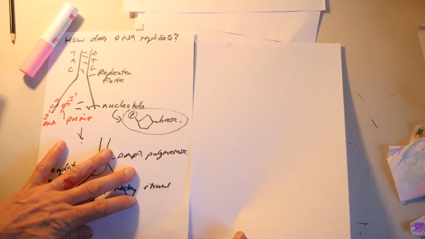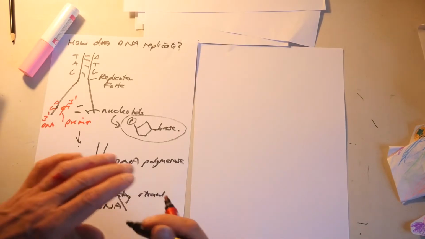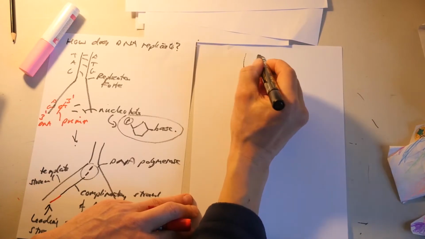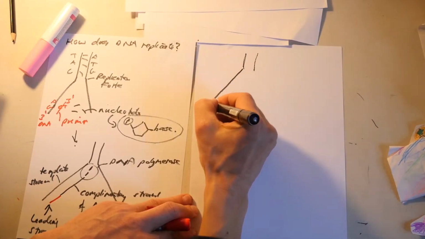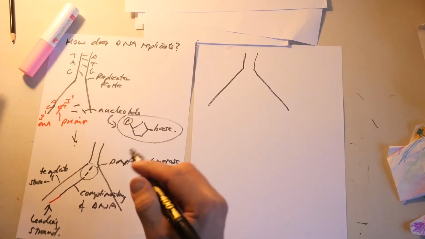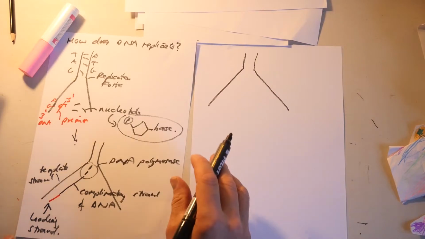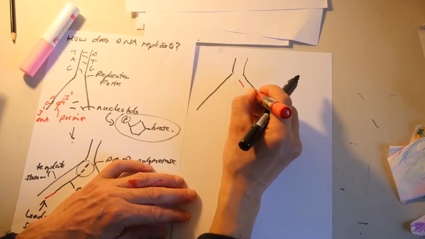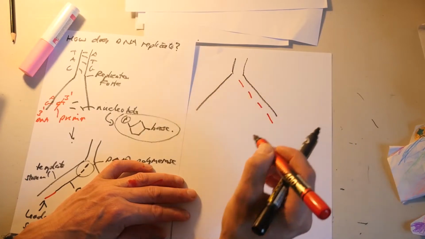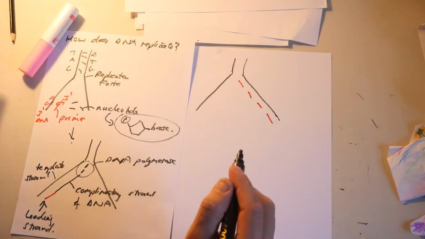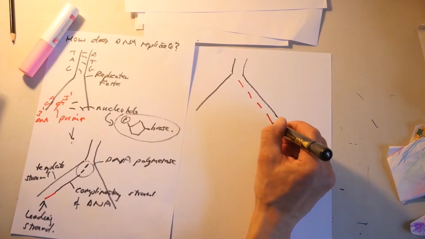So this strand goes on, it's the leading strand. The other strand is made a bit differently. This is called the lagging strand.